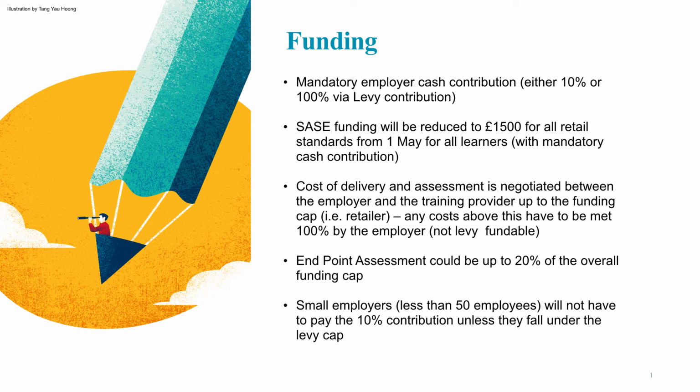And that will either be a £500 contribution with £4,500 provided by the government, or we'll use £5,000 out of your levy contribution pot. The employer then comes to you and says, actually, I also need this. Okay, that'll be an extra £1,000 a learner. That will have to be paid for you directly. And that will again be part of the contract that you agree between yourself and the training provider at the beginning of the programme.